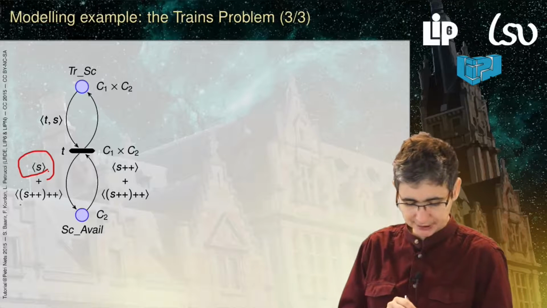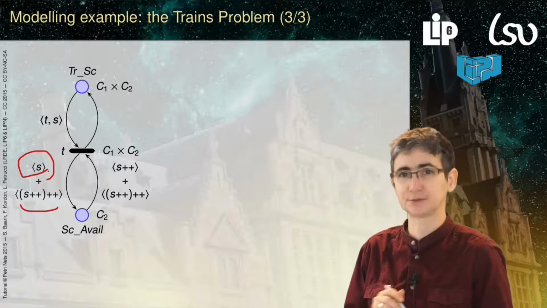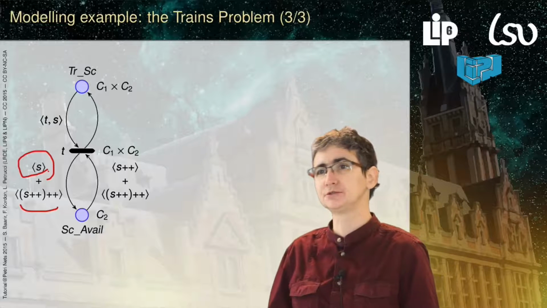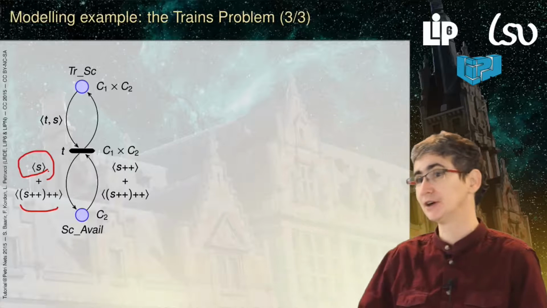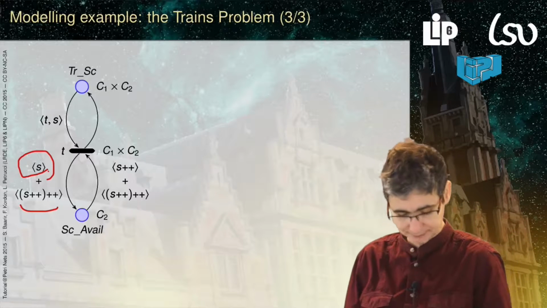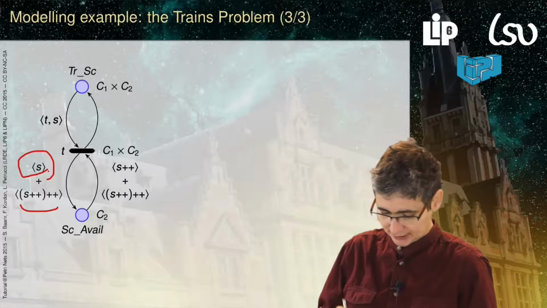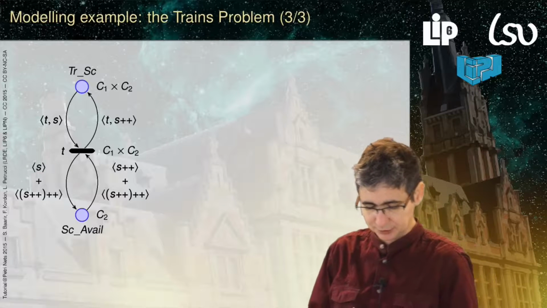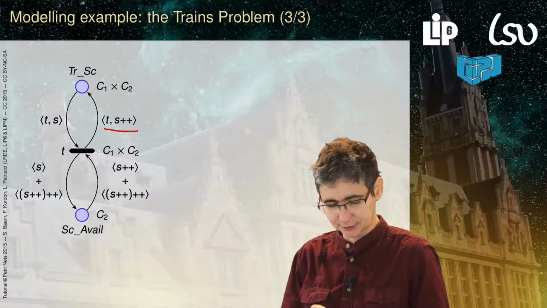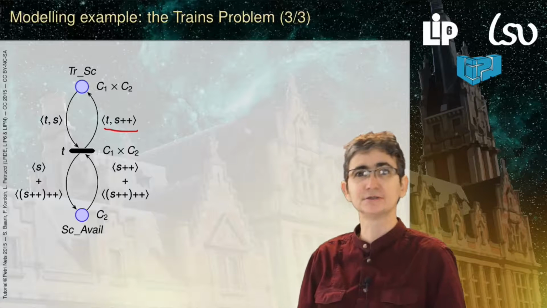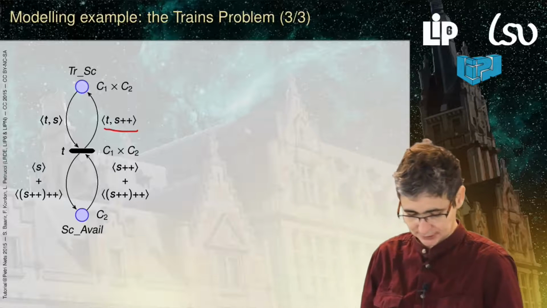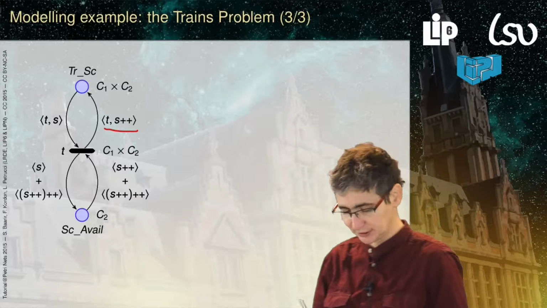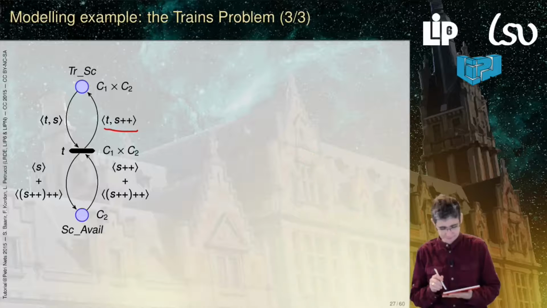And it will put back this token S++++, which was the look ahead, just to check that two sections further it was free as well. And also we'll put the train on section S++. So the train occupying this section will move from section S to section S++. Okay, so that is one way to model this problem.